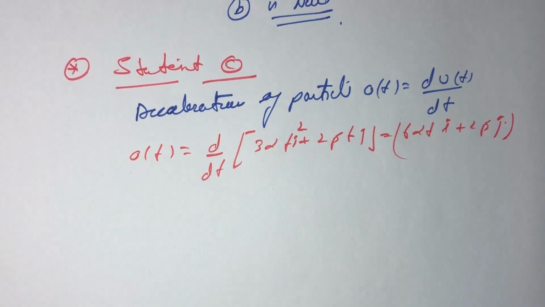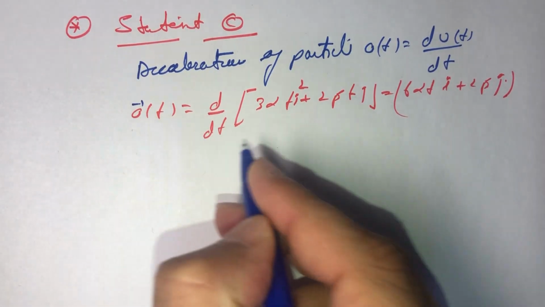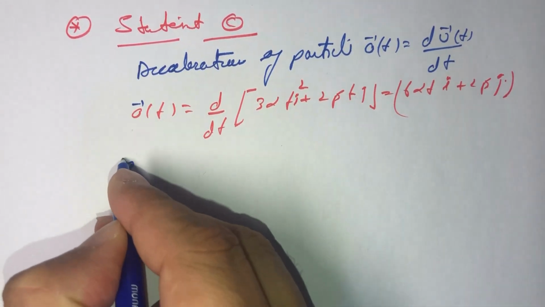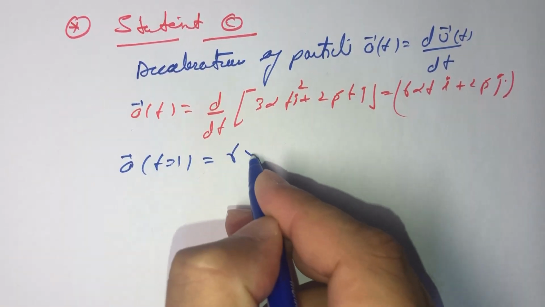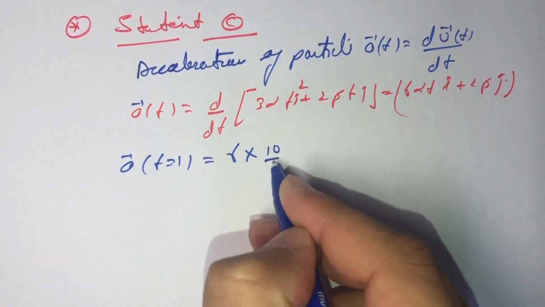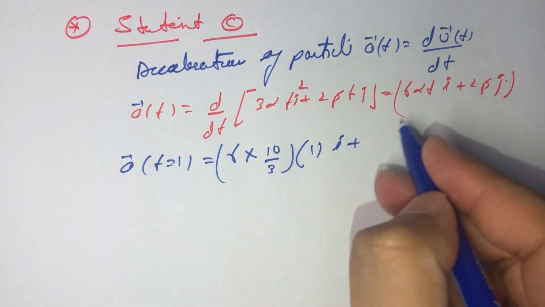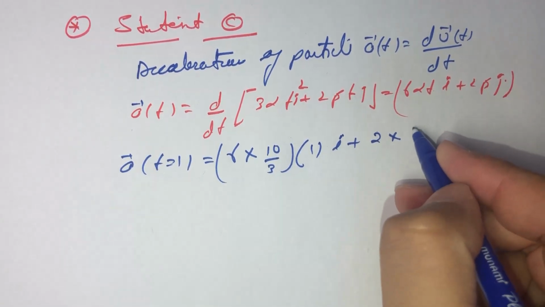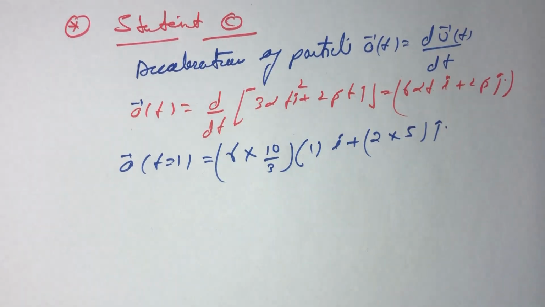So acceleration at t is equal to 1 second will be equal to 6 alpha, which is 10 by 3, multiplied by 1 I plus 2 beta, which is 5, and j.